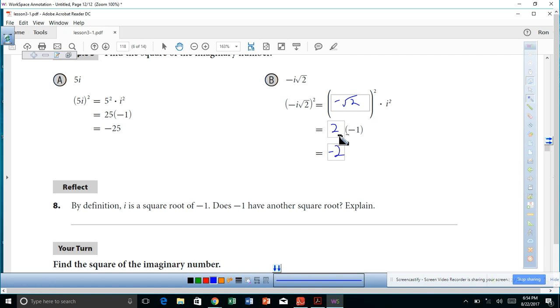By definition, i is the square root of negative 1. Does negative i have another square root? Explain. Yes.